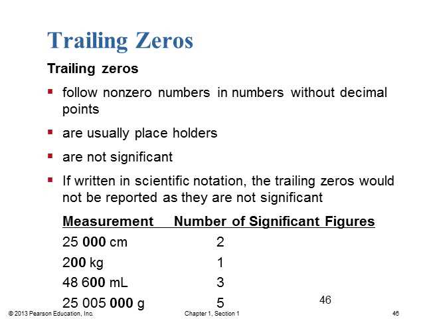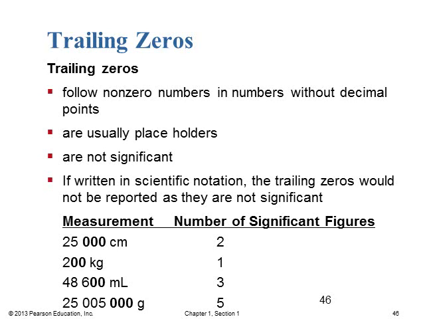Now we will talk about trailing zeros. Trailing zeros are zeros that follow non-zero numbers, and there is no decimal point after those zeros. That's key: there's no decimal point following these zeros. If there is no decimal point, then these are not significant, and they're just considered placeholders.